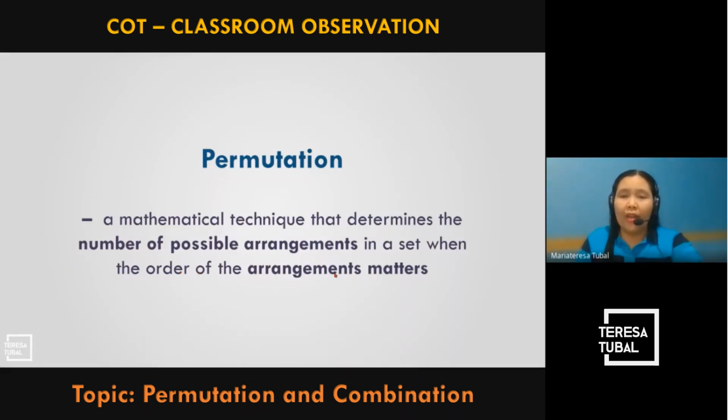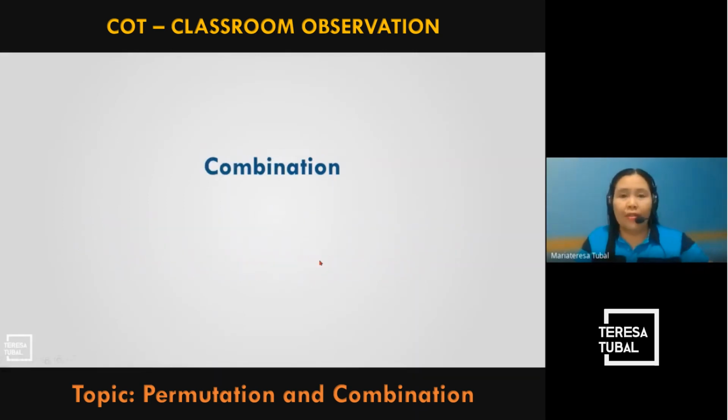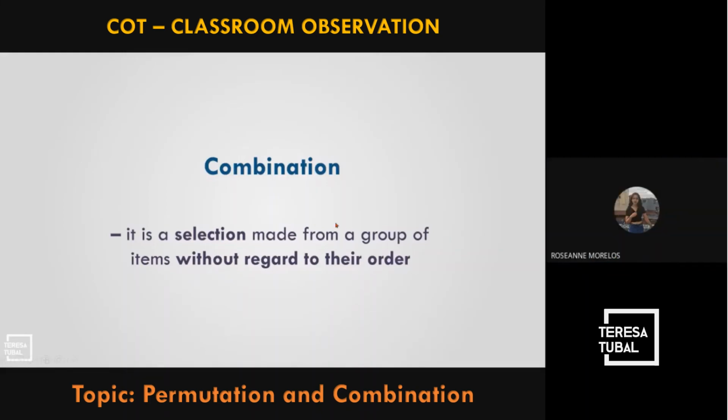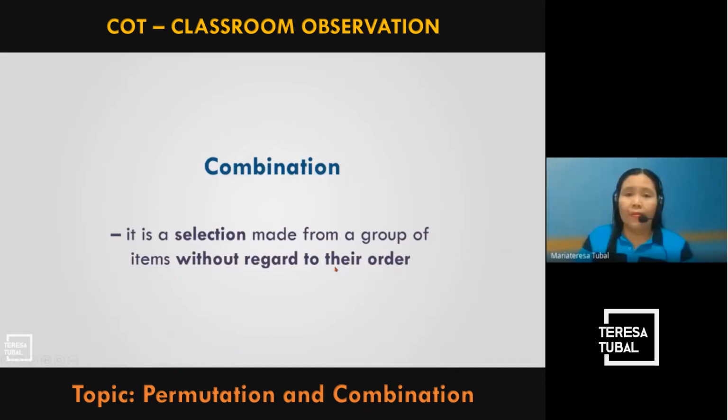How about combination? What is a combination? Combination is a selection made from a group of items without regard to their order. So it means a selection made from the group, but the order of the arrangement does not matter.